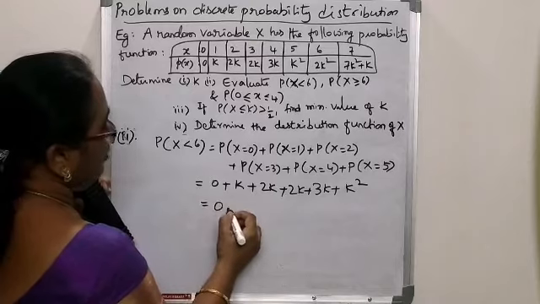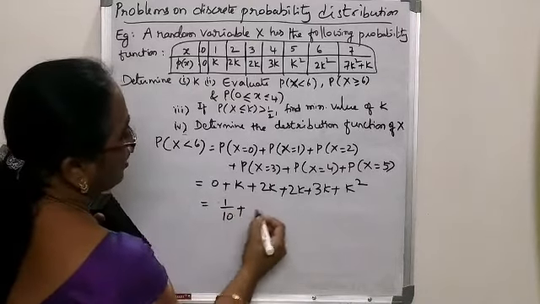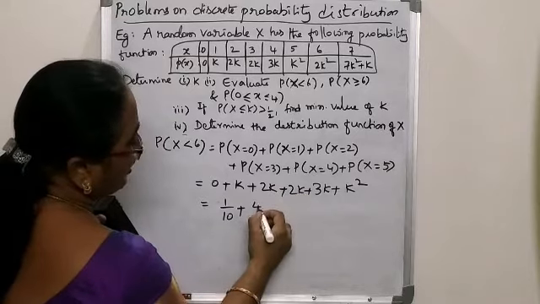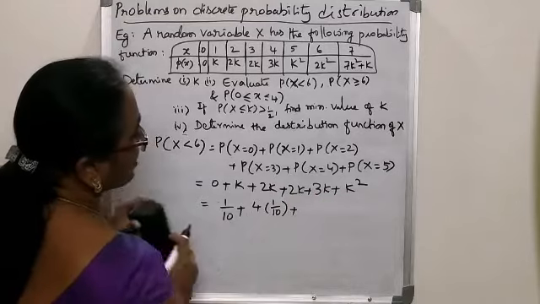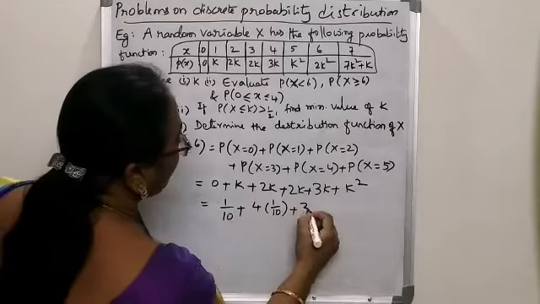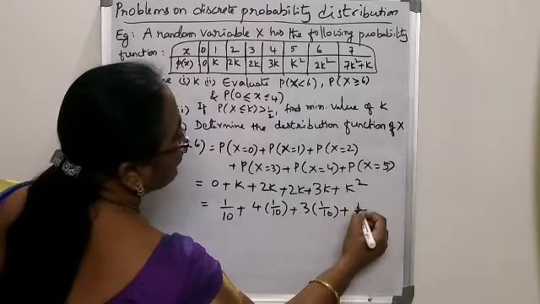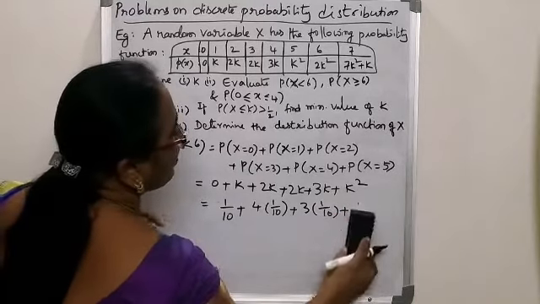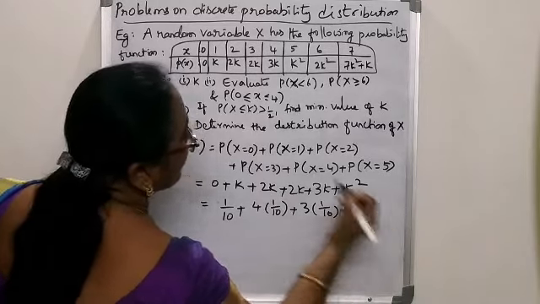So this is 0 plus k, 1 by 10, plus 2k plus 2k, 4k, it is 4 into 1 by 10, plus 3k, so we can write 3 into again 1 by 10, plus k square, it is 1 by 10 the whole square, 1 by 100.